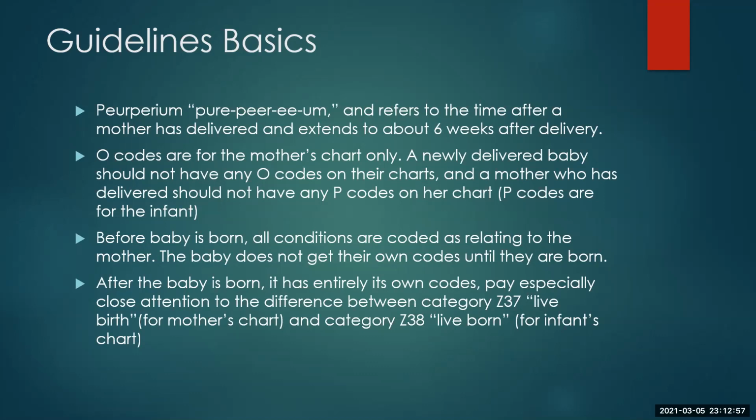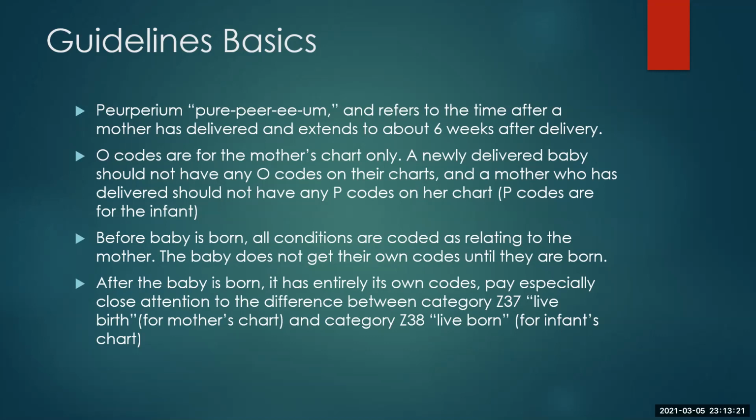Something to be on the lookout for, because I'm sure you'll get a question about this, if not in your homework, then probably on the national exam, is the difference between Z37 and Z38. Category Z37 refers to a live birth. That's the outcome of delivery. So the mother's been through delivery. What was the outcome? That's what Z37 references.